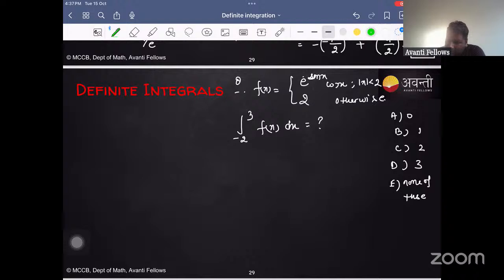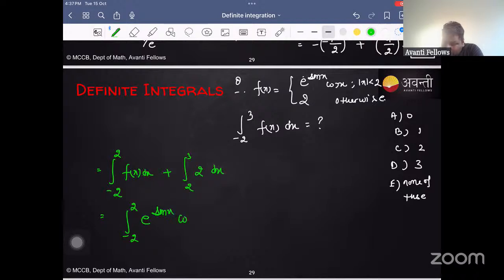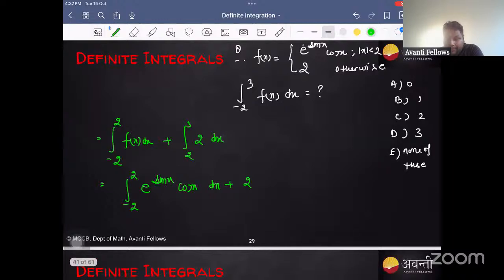Now the answer is between minus 2 to 2. I will write f(x) which is e to the power sin x into cos x, and between 2 to 3 it will be 2 dx. Now in between minus 2 to 2 it is e to the power sin x into cos x dx plus this is going to be 2 if you integrate it.